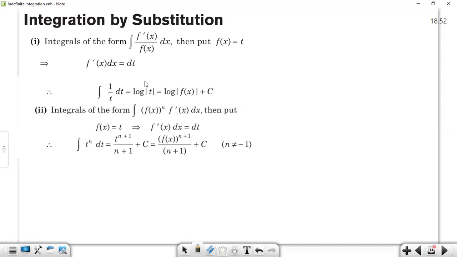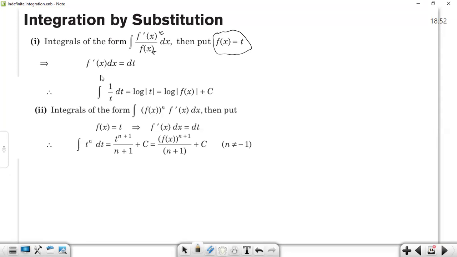Integration by substitution. This is very important, and this is a technique to solve integration. In this, if we have to integrate some function, and in that function there is another smaller function and its derivative is also there, we can simply let that smaller function be t, and then differentiate it, and replace the variable from x to t.